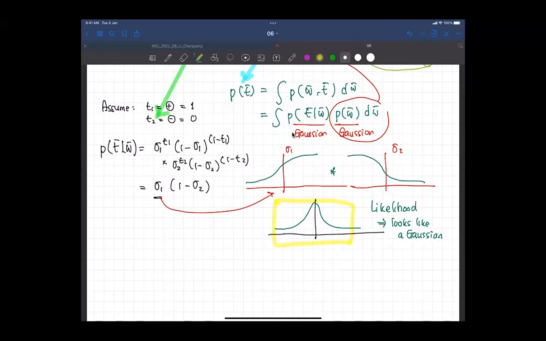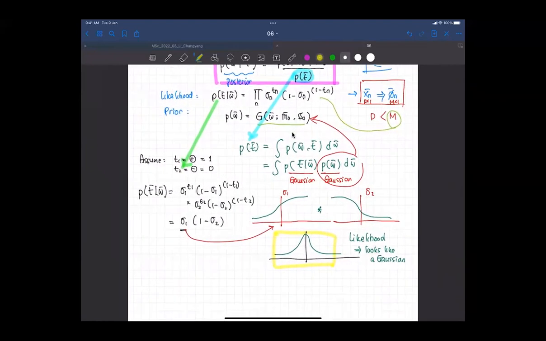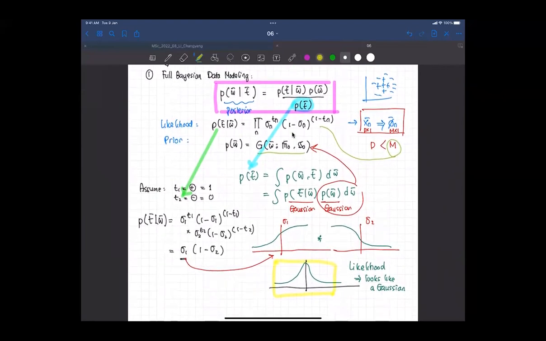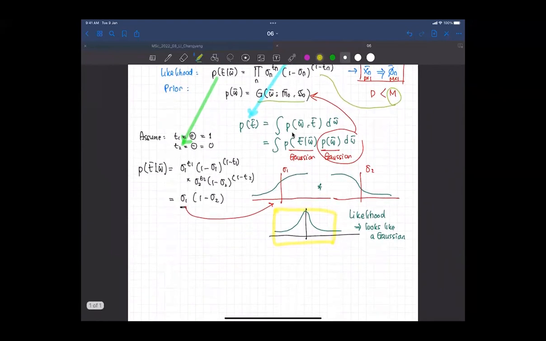But don't worry, even if you have that, it is not the end of the story, because you have to multiply this with the prior. Your prior is a Gaussian, so this one multiplied by a Gaussian is somehow like this, or sometimes a bit slanted or biased to certain values.